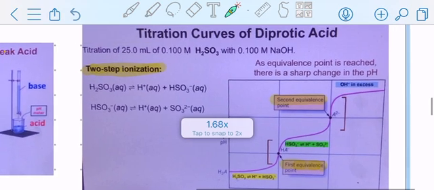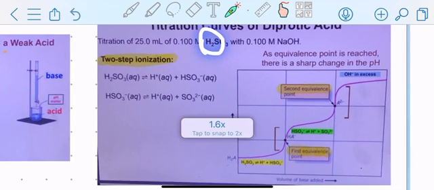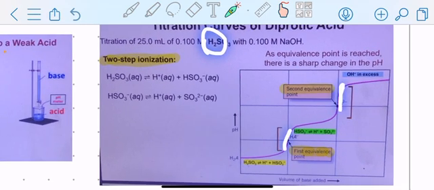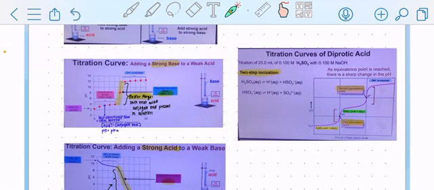This is because it has two H's that it can give off. And here we see that there are two sharp changes in pH, or buffer ranges. And that is the two-step ionization for this diprotic acid.